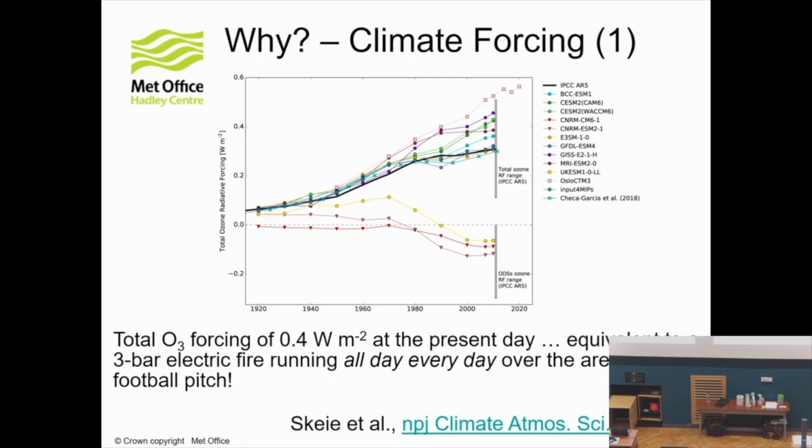So of course, if you imagine how many football pitches might cover the globe, that's a lot of football pitches, a lot of electric fires, and a lot of extra heat that we're adding into the Earth system, and that's solely due to changes in ozone abundance over the historical period. And of course, calculations like this are only feasible by including interactive chemistry within a climate model.